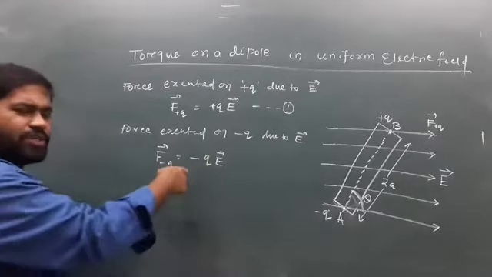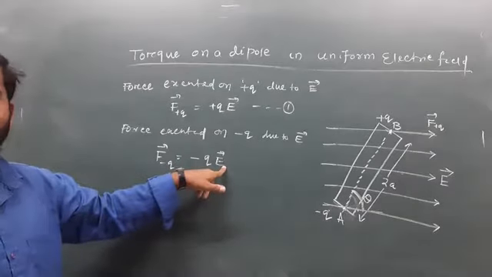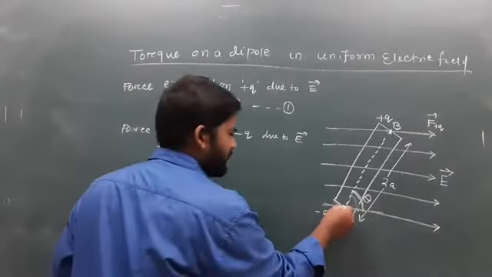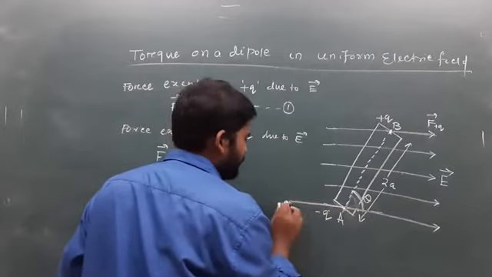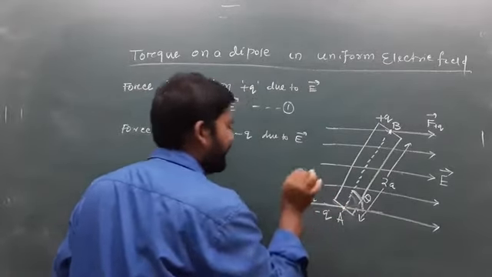The negative sign indicates that the force is opposite to the electric field. So that will be F minus Q.